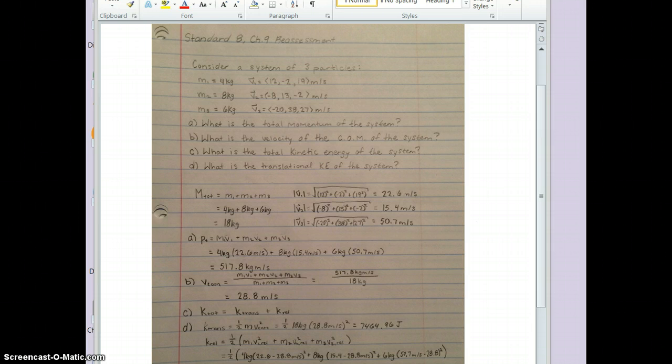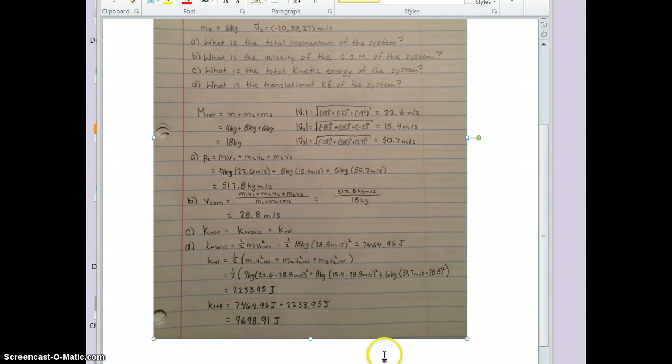So we have 1/2 times 4 kilograms times 22.6 minus 28.8 squared plus 8 kilograms times 15.4 minus 28.8 meters per second squared plus 6 kilograms times 50.7 minus 28.8 meters per second squared. And that gives us 2,233.95 joules.